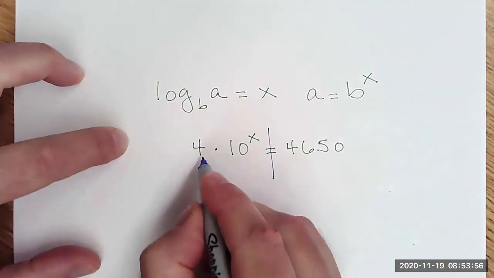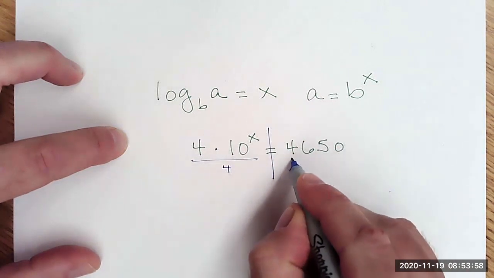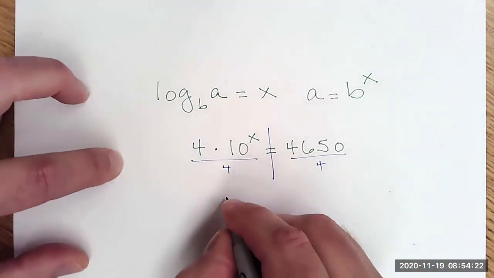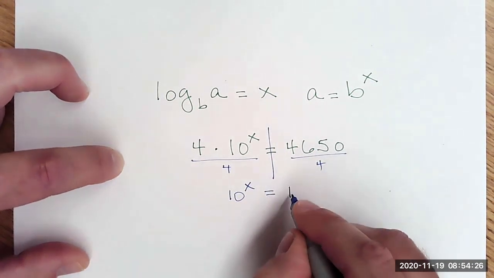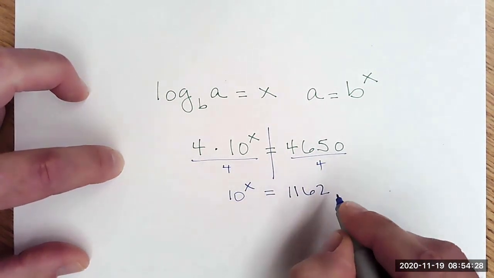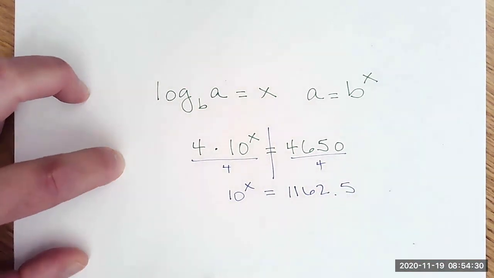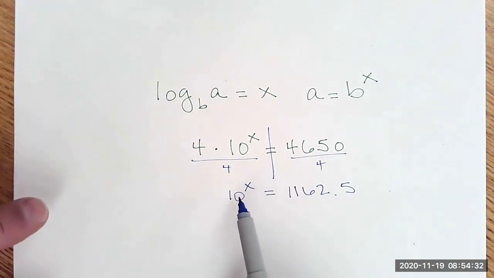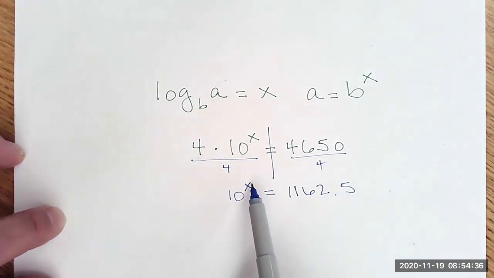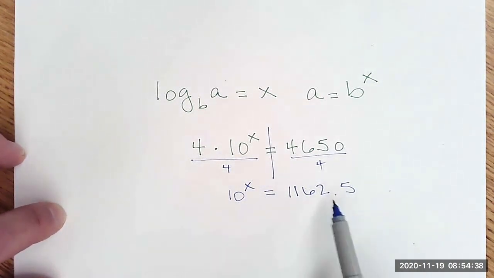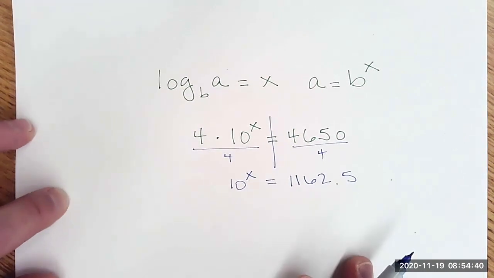So divide both sides by 4, and I get 10 raised to the power of x equals 1162 and a half. I now have this form: my argument equals my base raised to the power of x. I turn it into logarithmic form.